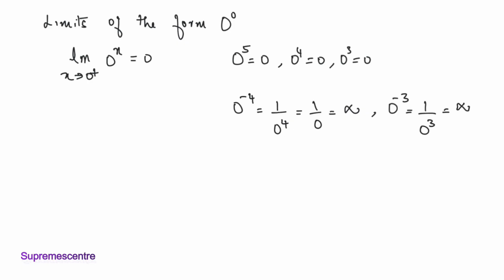This is also undefined. So we can say that limit x tends to 0 minus of 0 power x is undefined. So we see that if we come from the right side, the value is 0, and if we come from the left side, the value is undefined. So this proves that the value of 0 power 0 can be 0 or it can be undefined.